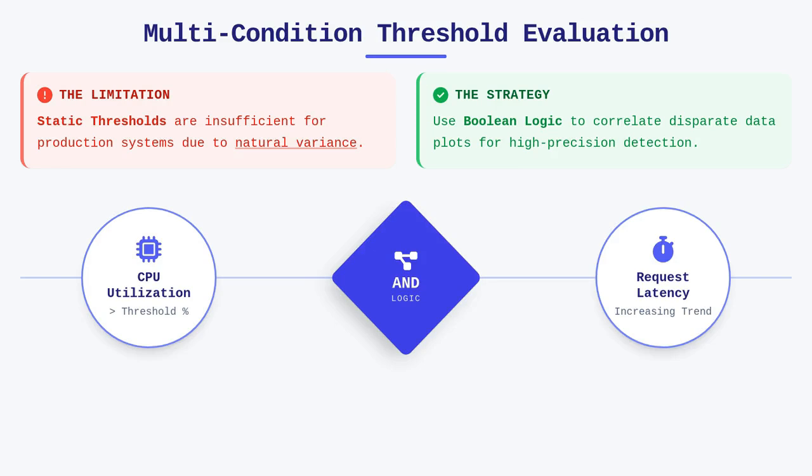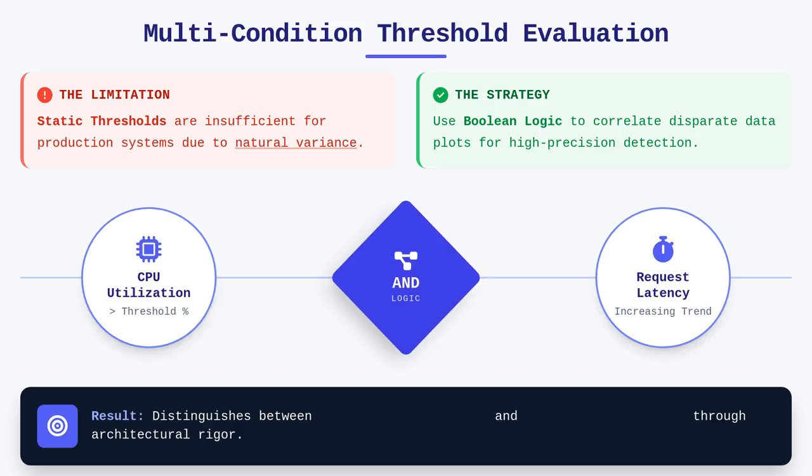By using explicit Boolean operators, you can combine these distinct signals into a single detector, effectively creating a more precise representation of what constitutes an actual system failure versus a temporary fluctuation. This level of architectural rigor requires a deep understanding of how your metric streams interact under load.